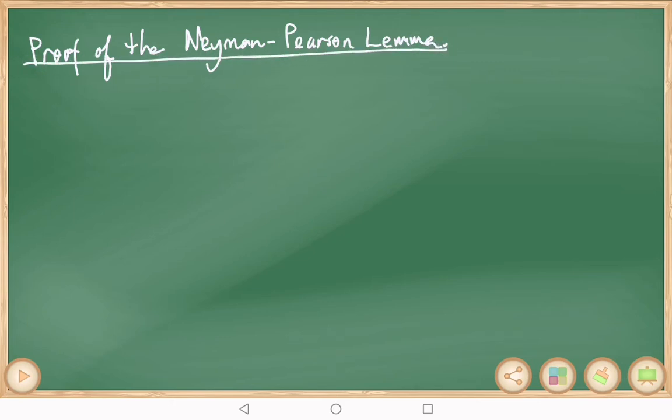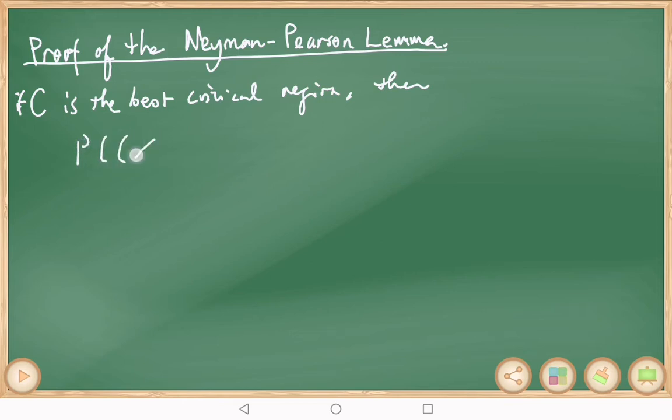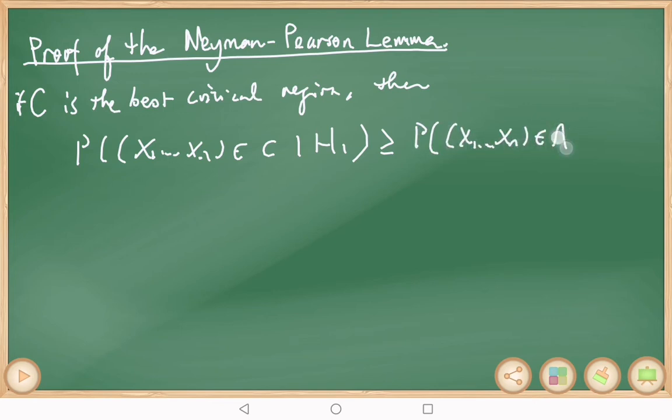Okay. So, essentially what we want to show is that if C is the best critical region, then the power to reject the null hypothesis would be greater than or equal to the power to reject the null hypothesis under the alternative, but with a different critical region.